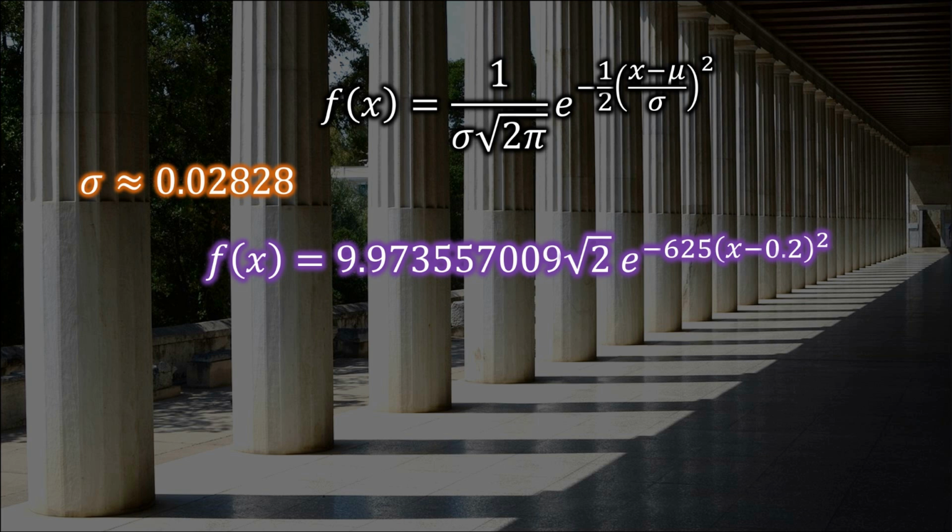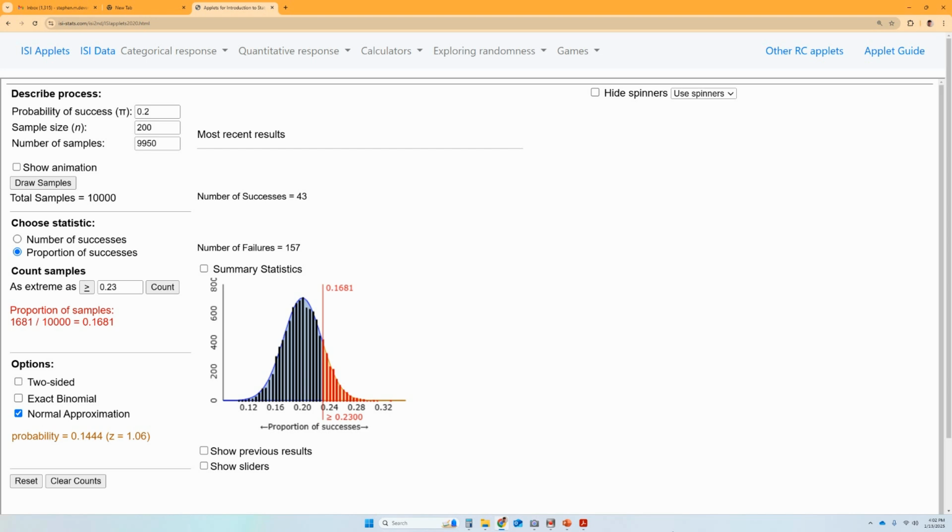And just like before, when we wanted to simulate and see how much of the time it is at least 23%, I wanted to know how many out of my 10,000 times were at least 23%.